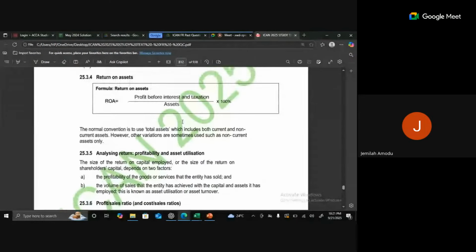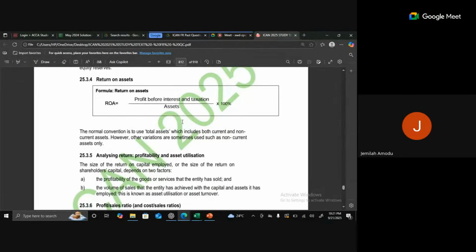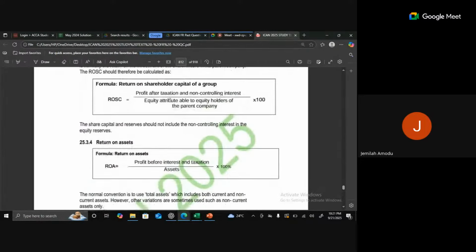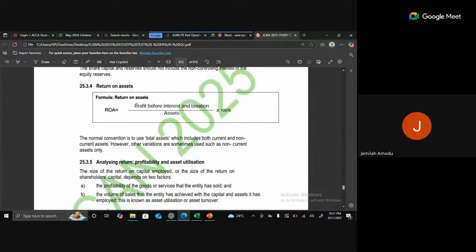So the next one is return on assets, right? The assets that you are using to generate. Sometimes from the name of the ratio you are calculating, you should be able to understand what it is about, right? Return on assets. When we talk of return, most of these things that carry return on them, your profit or loss is always the first thing that you see. Why?